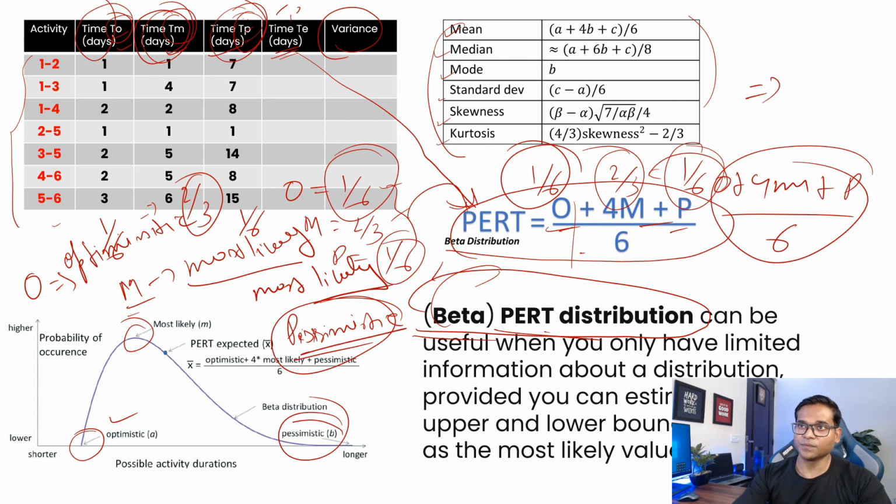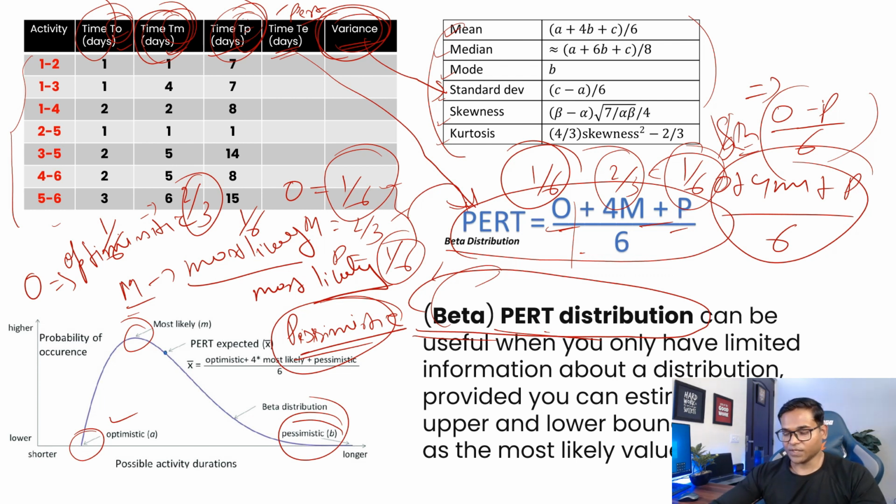And then this one, the variance, is basically your pessimistic minus optimistic, divided by 6, squared. Then standard deviation is just the square root of the variance, right?